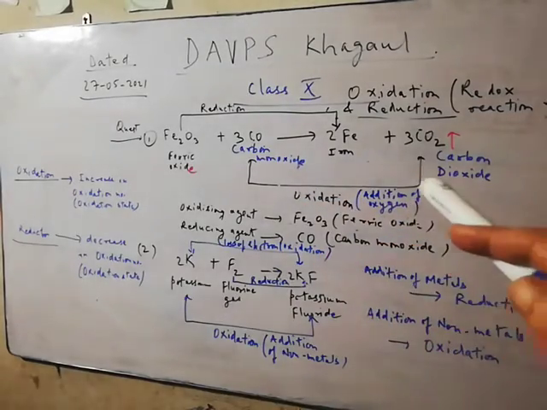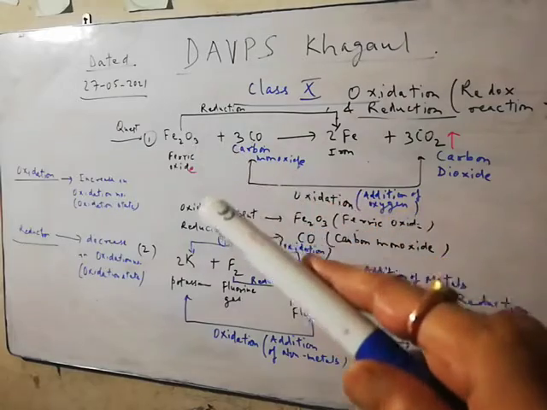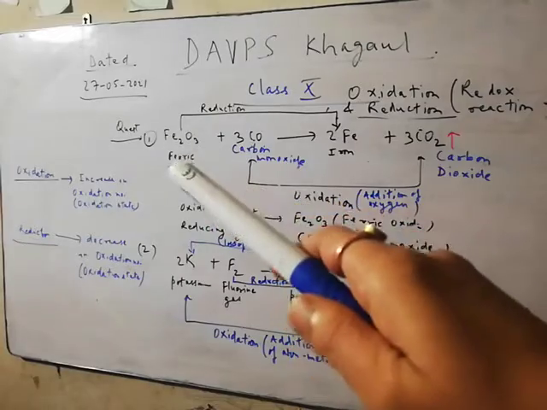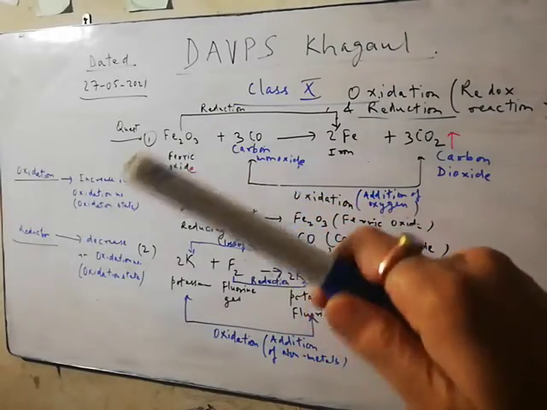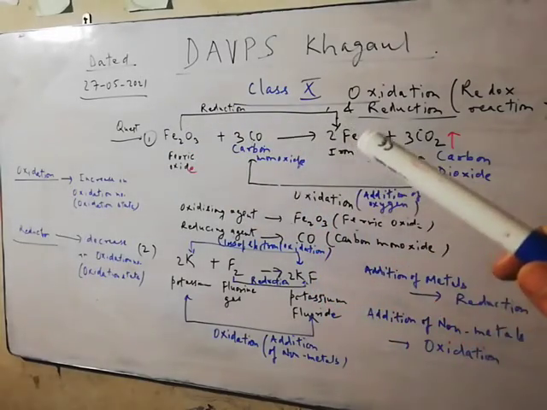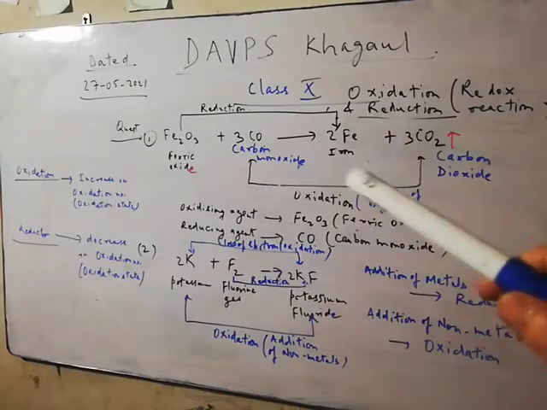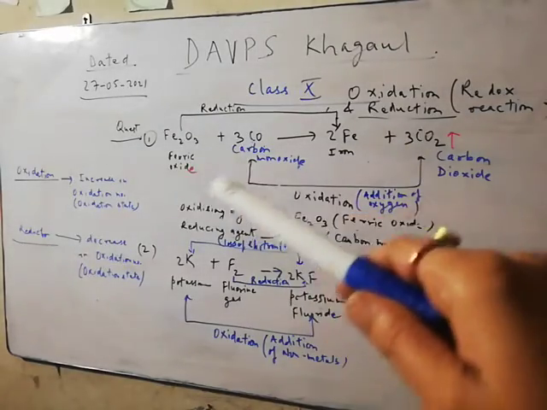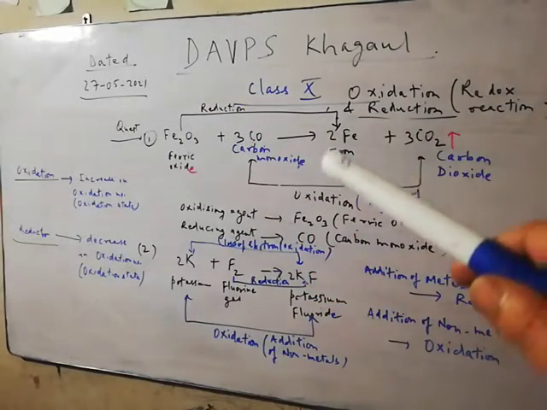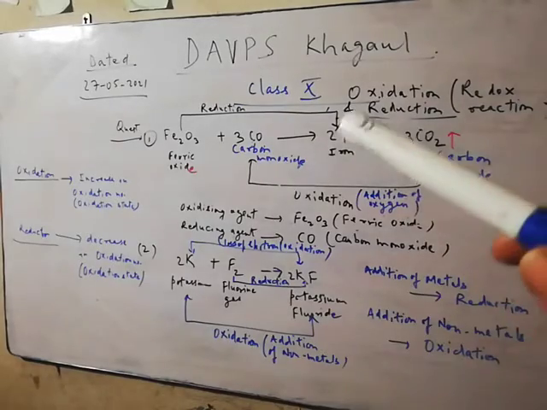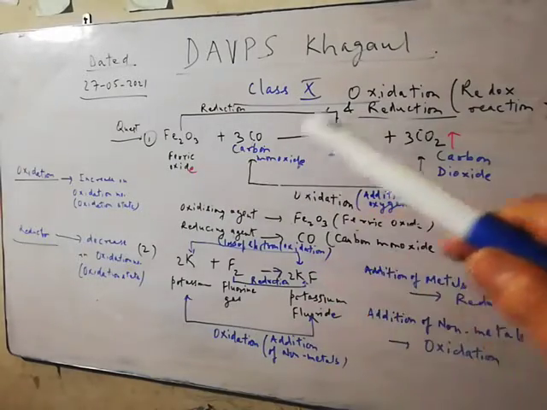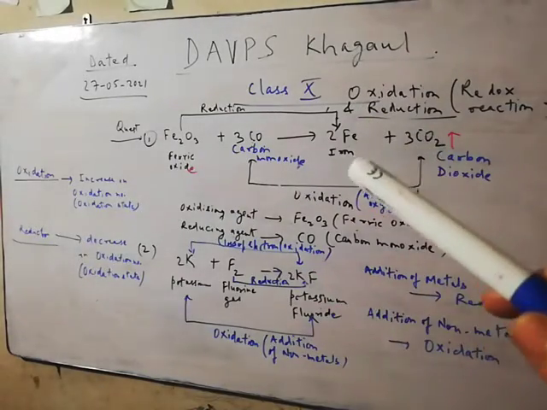Okay, now let us check, is there a reduction reaction also? Now see Fe2O3, ferric oxide. What happens here? Ferric oxide Fe2O3 is being converted into iron. Ferric oxide is actually a white color, and here it is being converted into red brown iron.